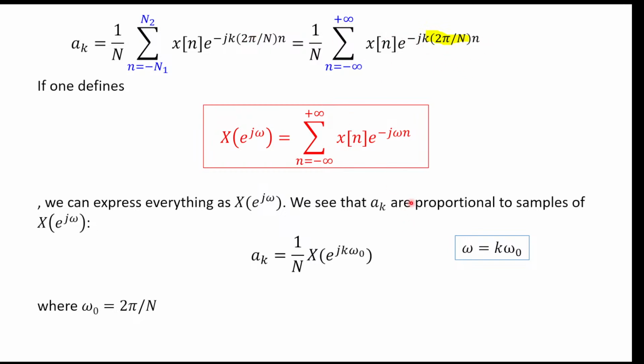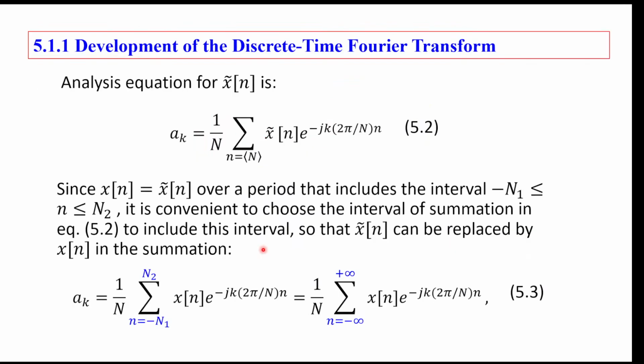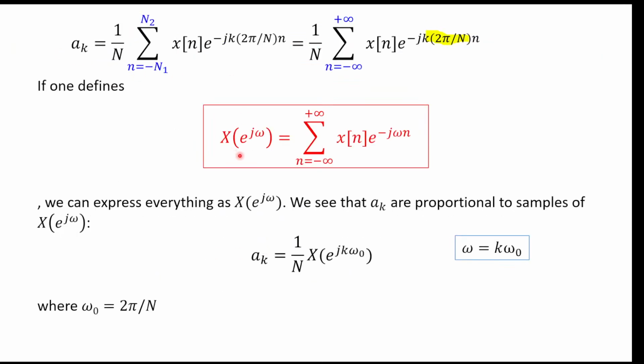So if you combine kω₀ as ω, then your a_k can be written as this X of e^{jω} taken at ω equal to kω₀, also divided by N. This is similar to the envelope function we saw in chapter 4. As ω₀ goes to 0, this big X will not change.